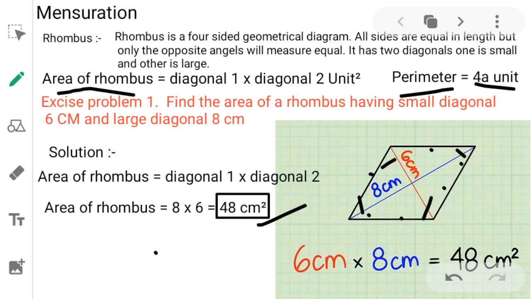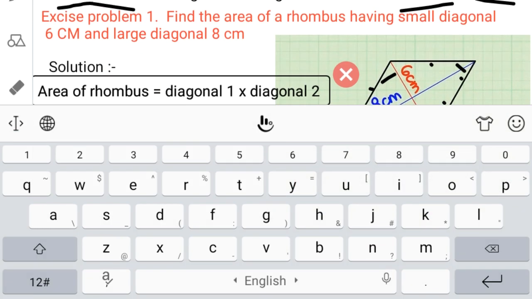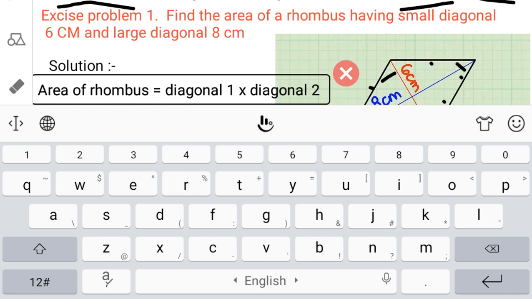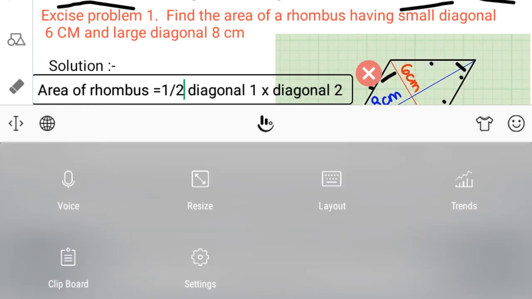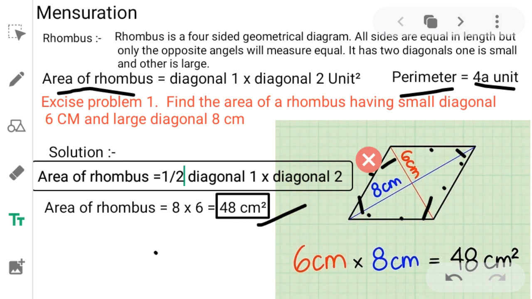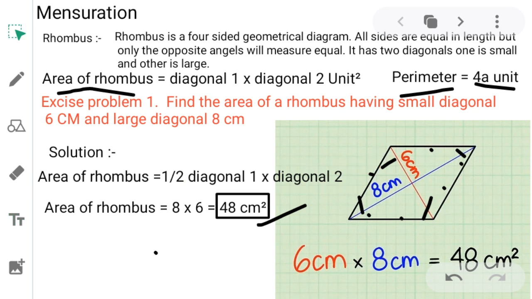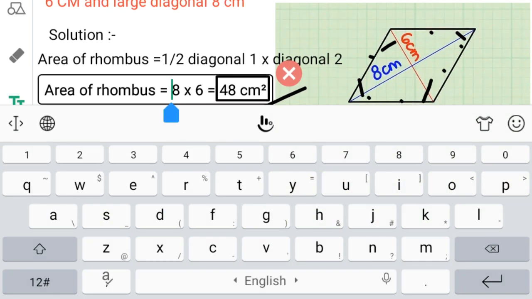So in the previous problem, we have to make a correction here. The area of a rhombus is given by 1 by 2 into diagonal 1 into diagonal 2. So then the answer will become half.